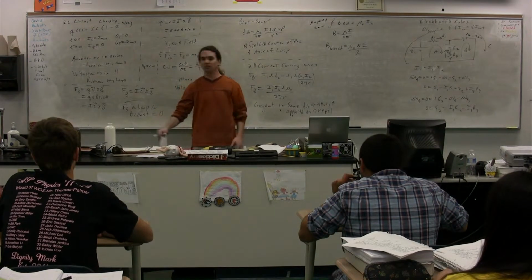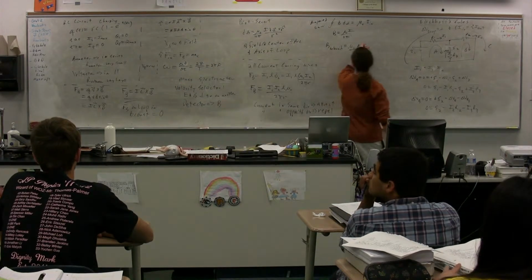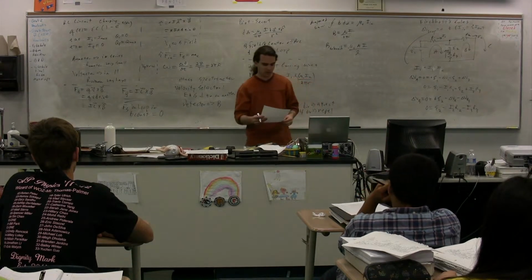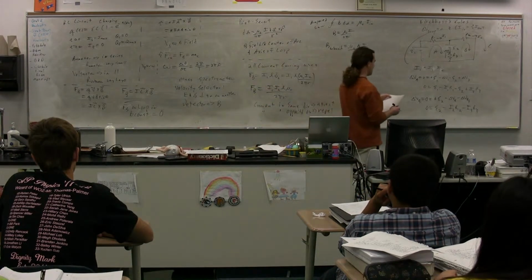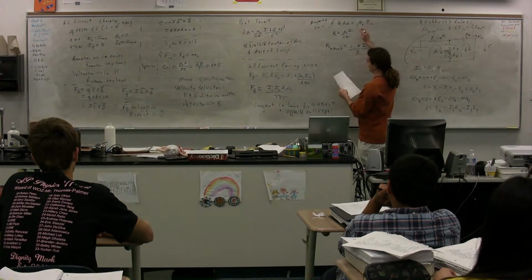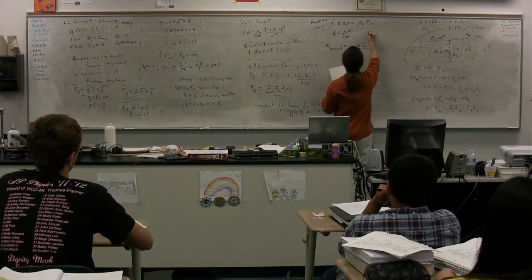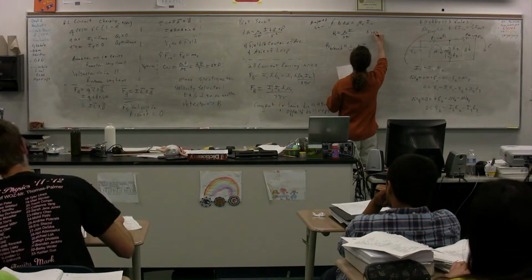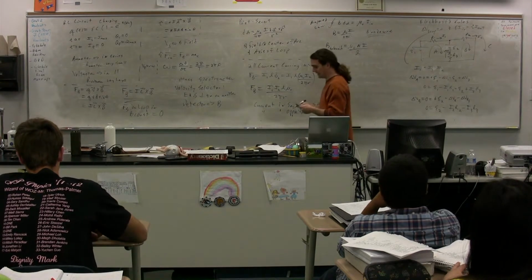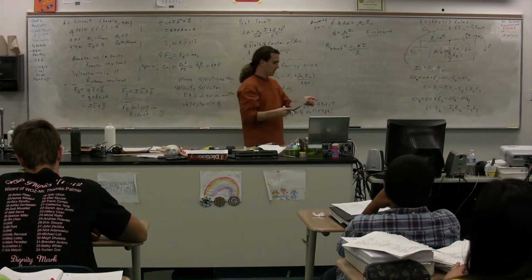The turn density. So capital N would be the number of turns divided by L. Capital N divided by L is the turn density. So it's just a subtle distinction. So we use this to figure out the magnetic field around a wire and in a solenoid. And we also figured out the magnetic field inside the wire as well. Don't forget that we also figured out the magnetic field inside the wire.